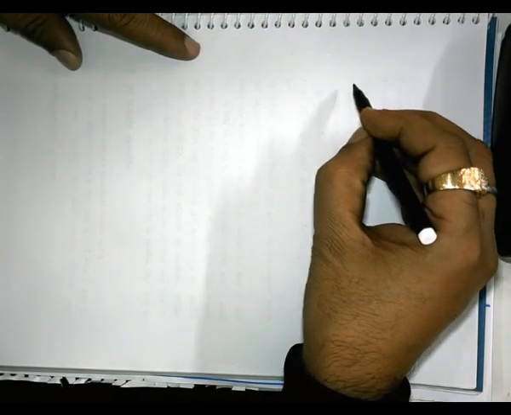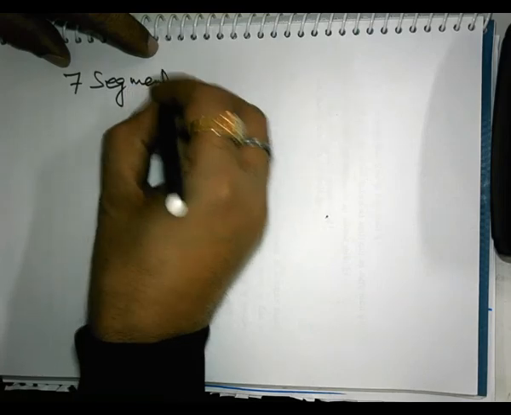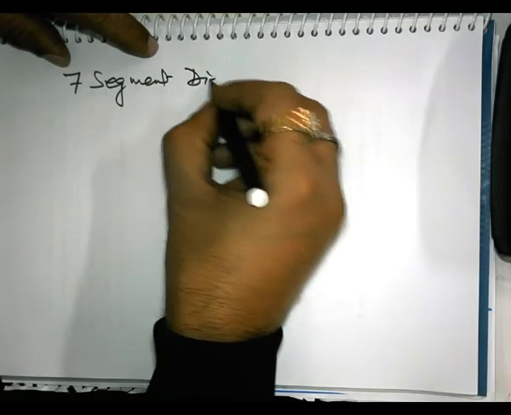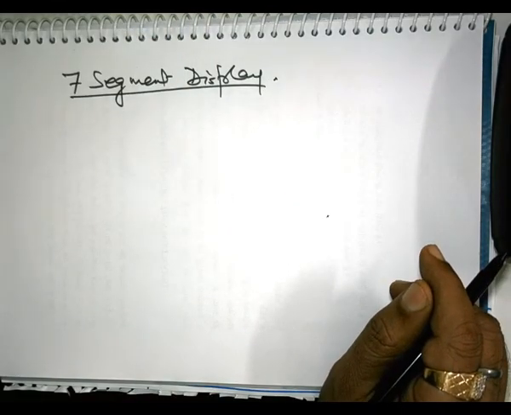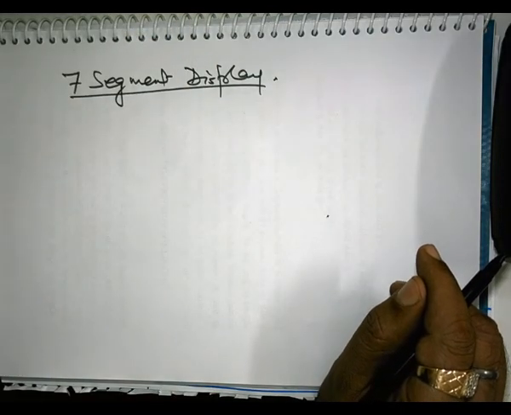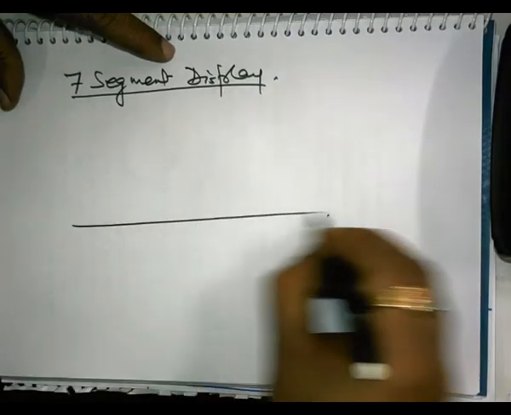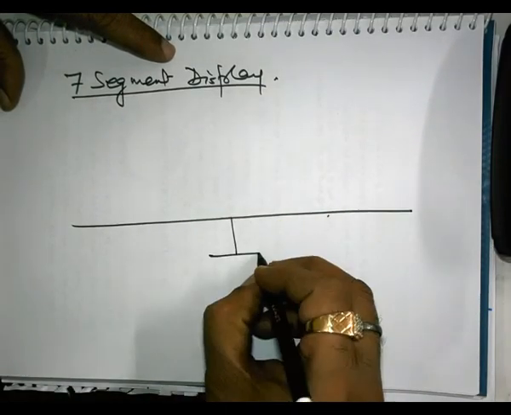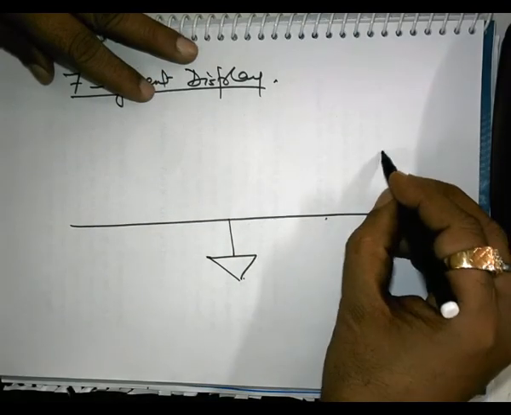What this 7 segment display is, display, and that too in common cathode configuration. And when I am saying common cathode, I will make cathodes of all the segments common.